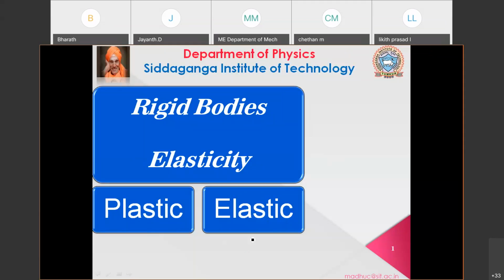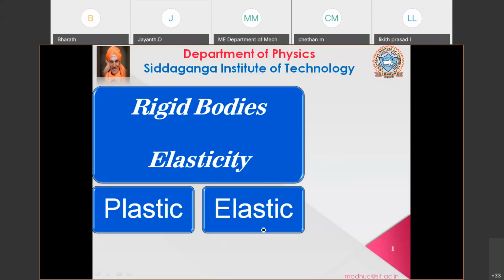If you use aluminum, it will not withstand the forces that you apply, right? So these are the things that you need to know. Elasticity plays a very important role when you want to choose a material for an application. That is why we are going to study elasticity in your class. It is very much applicable for your branches and in your future work.